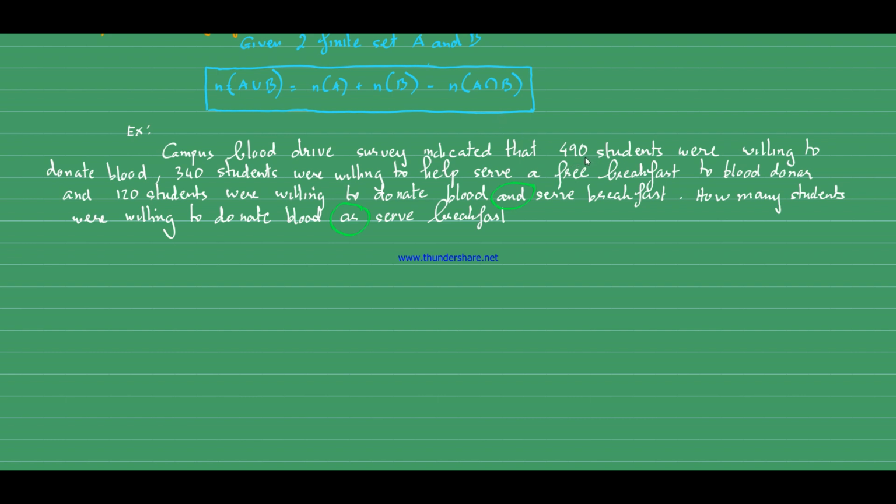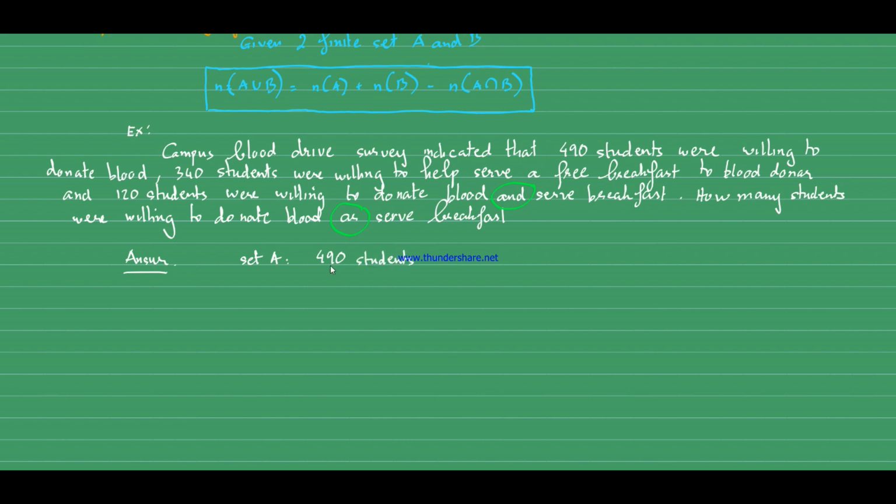So we have 490 students. Just think about that. The number of students willing to donate blood is considered as set A, so set A has 490 students.